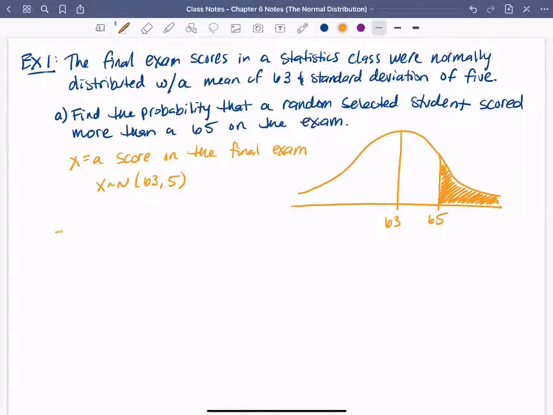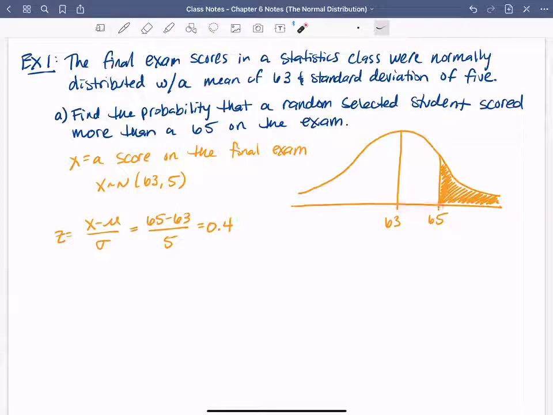So our z equals x minus mu over the standard deviation. x is 65, our mu is 63, standard deviation is 5. That gives us 0.4. Great. Again, that tells us what the z-score is, which tells you that 65 is 0.4 standard deviations away from the mean of 63.